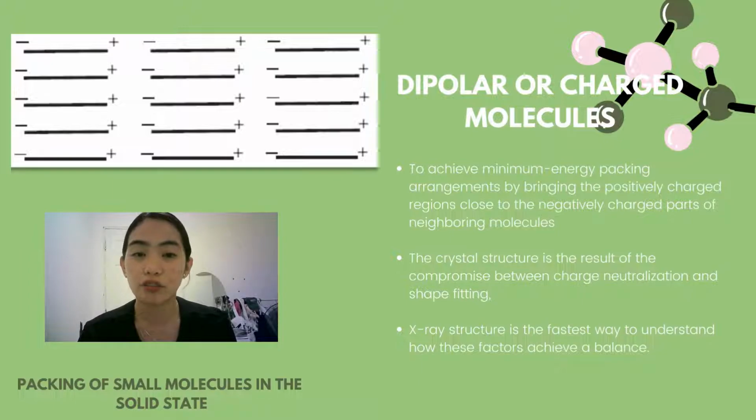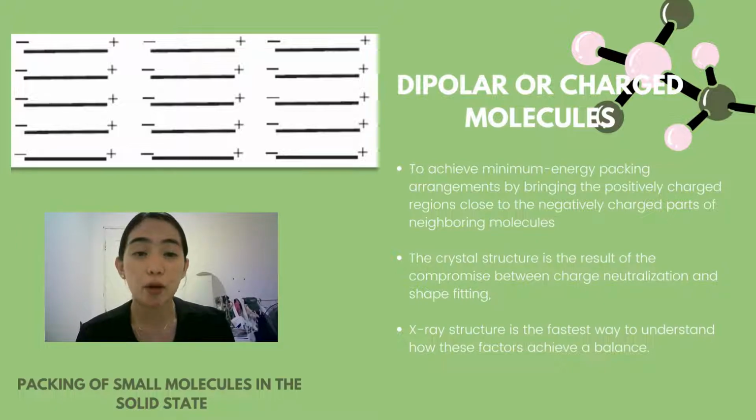As a result of the compromise between charge neutralization and shape fitting, we get a crystal structure. So again, the crystal structure is the result of the compromise between the charge neutralization and shape fitting.